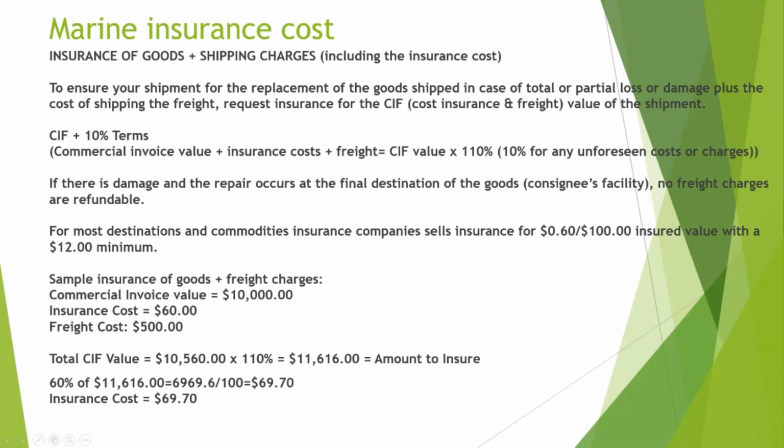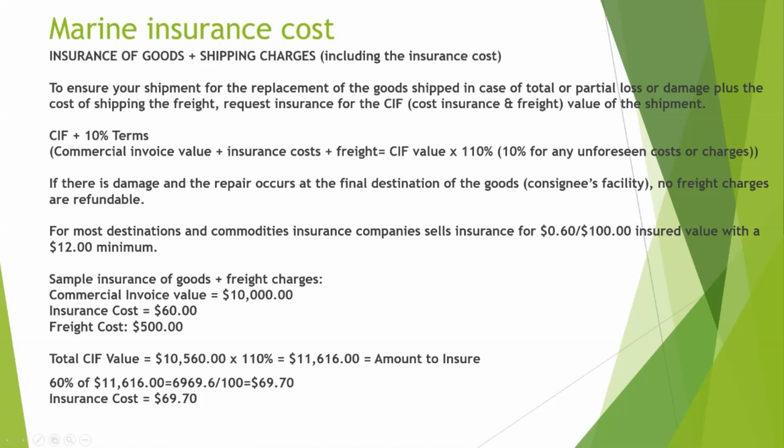So it would be as below. This is simple: insurance of the goods plus freight charges, where the commercial invoice is $10,000. Insurance would be 60, and the freight charge, because freight is a part of CIF, will be added on. So we will have the CIF.